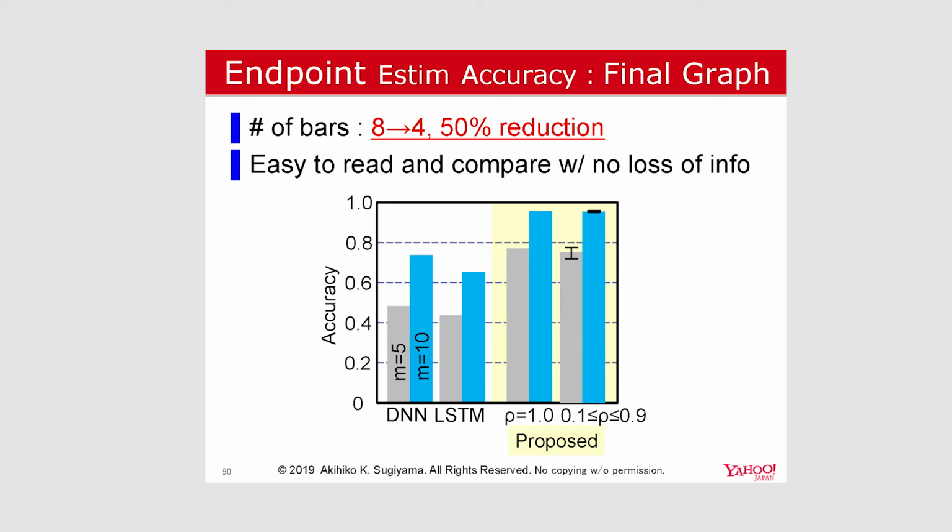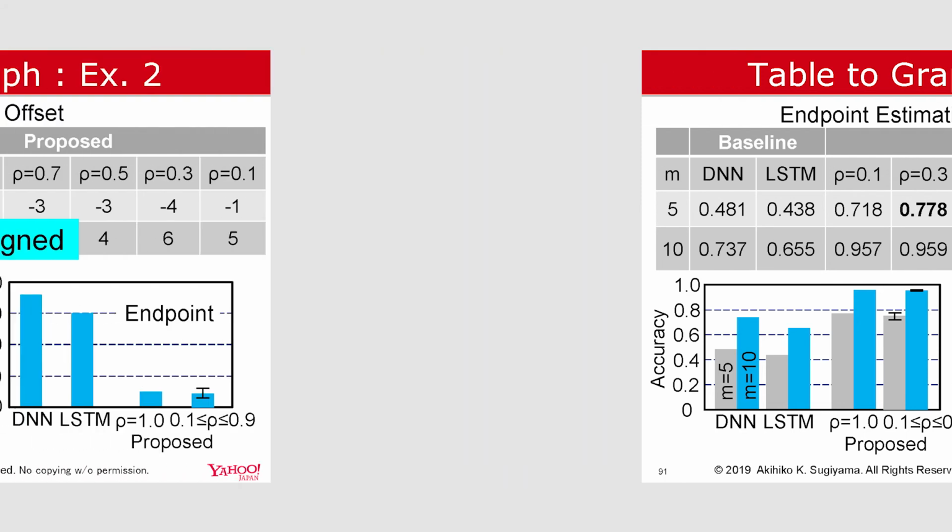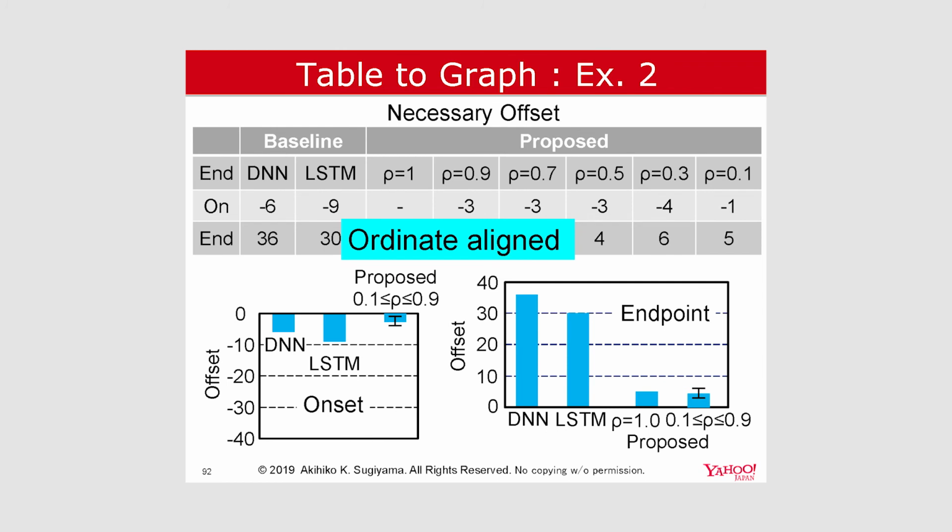Now you can apply the same technique to another table. That's the improved one. Now example 2. This table shows the necessary offset value. If we convert this table into a bar chart like this, now look at the ordinate.